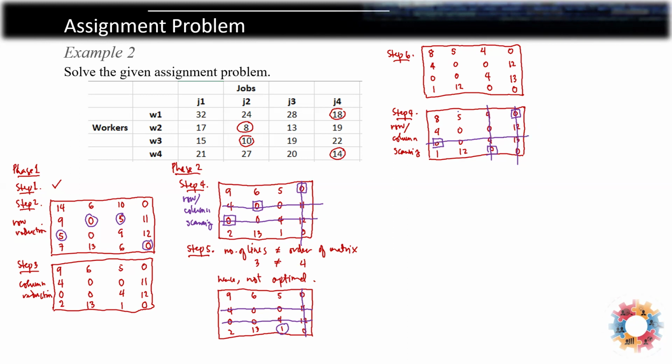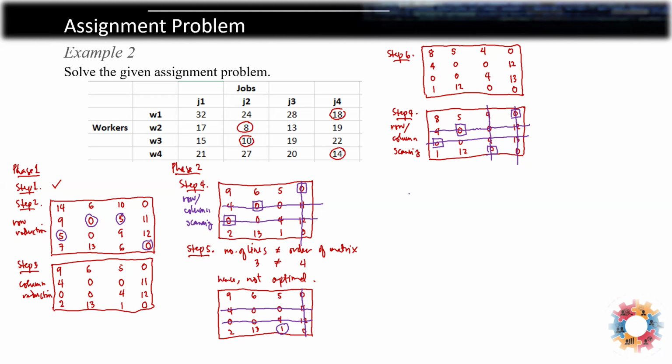And then in the second column, there are supposed to be 2 zeros, but one is already deleted. So we're left with 1 zero. So let's mark that by a square. The corresponding row will be deleted, right? And all zeros are covered by lines already.